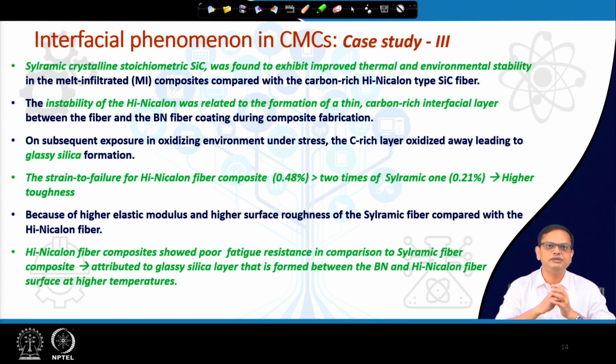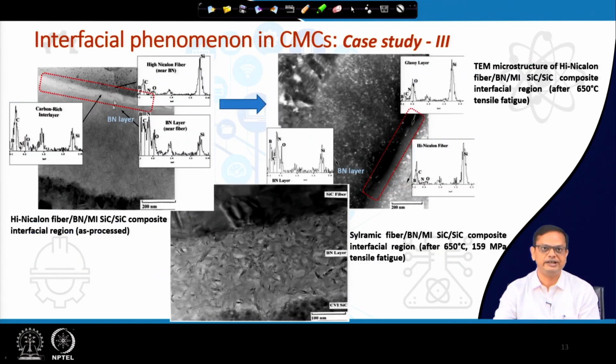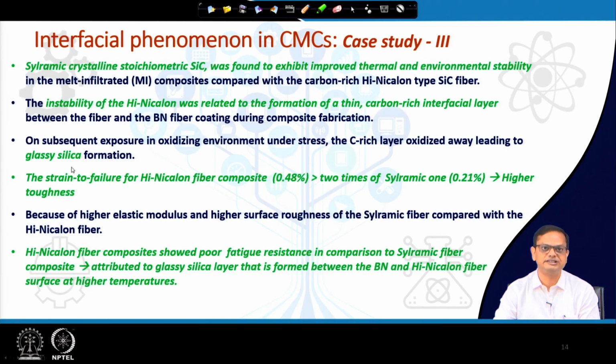The instability of the high nickelon was related to the formation of a thin carbon rich interfacial layer between the fiber and the boron nitride fiber coating during composite fabrication, as I discussed a few minutes back. As you can see here, on subsequent exposure in an oxidizing environment under stress, this carbon rich layer converts into a glassy silica layer.